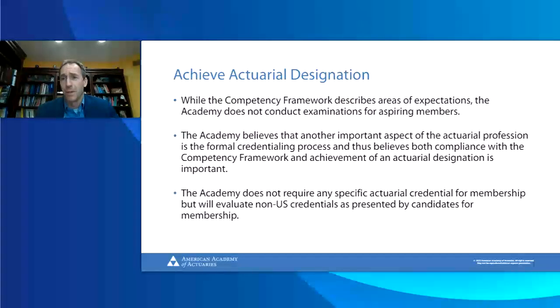The main message on this one is it's not a specific credential that is required. And maybe I should also reiterate that the Academy has a long-standing history of accepting actuaries at the associate or fellowship level from recognized organizations. And again, we would expect that history to continue. But the key is not that there is a specific credential we're looking for, but that you both can state that you satisfy the competency framework and have achieved a credential from a recognized actuarial organization.